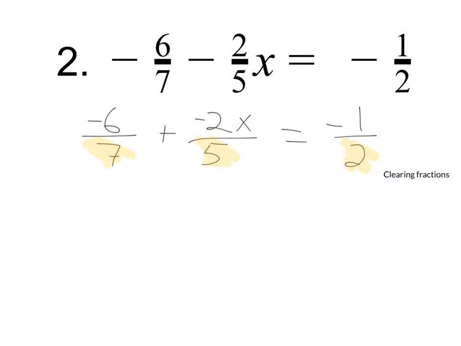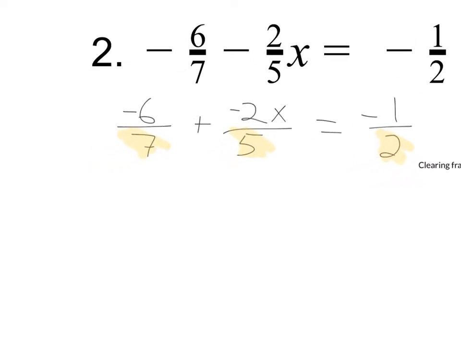What I could do is multiply every single one of these fractions by 70, and what's going to happen is all of my denominators are going to go away because those denominators will cancel out with the 70. So if I multiplied this first one by 70, well, 70 over 7 reduces down to 10. So I have 10 times negative 6.